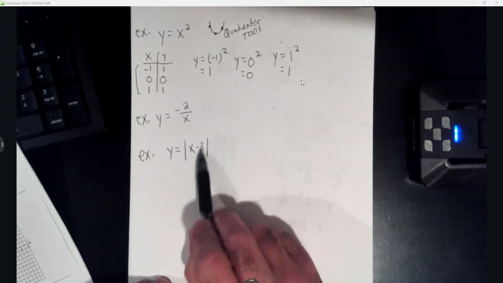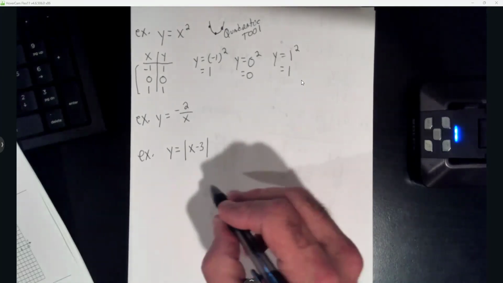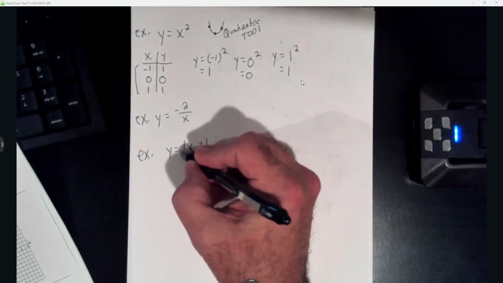So let me see if any of y'all are answering me on chat. Oh, I got a chat in. Absolute value, good job. And remember, anything in absolute value, when you take the absolute value, will come out positive, okay? The only way to make absolute values negative is if you had a negative in front of it.